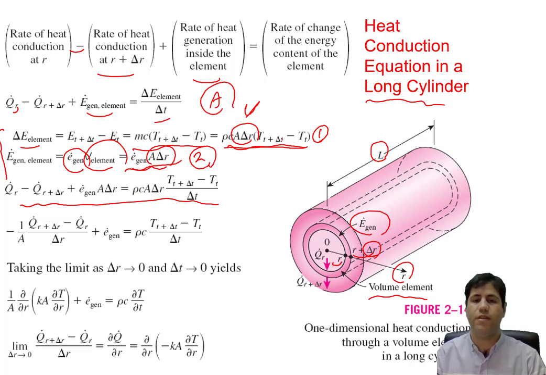And here also, instead of this delta E element, we write this divided by delta T. Again, we divide both sides of this equation by A delta R, or the volume of our element. And here we restructure our equation, add this negative sign here. And our equation will be simplified like this.